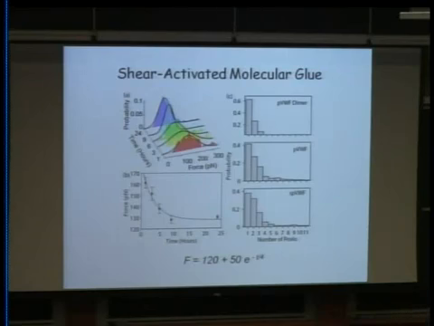Then we can track the force and see the force change. So the molecule is shear activated. Once it's activated, it unfolds at higher forces, and then it will relax back to its lower force. During the course of several hours, maybe 10 hours, it eventually relaxes. This is pretty interesting because people used to think some of these processes may only last a very short time.